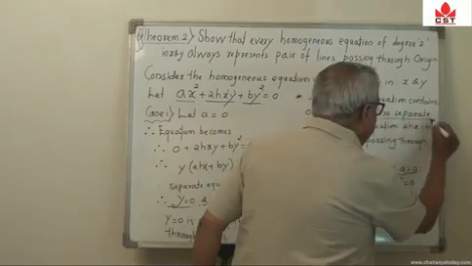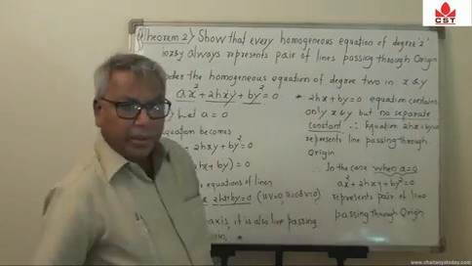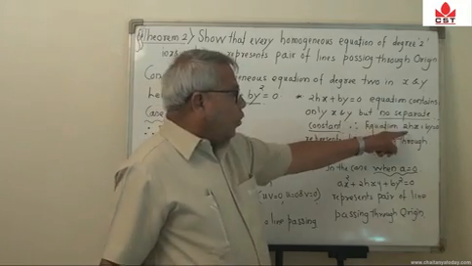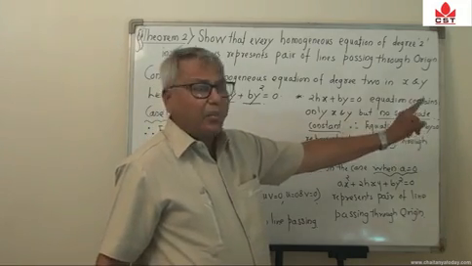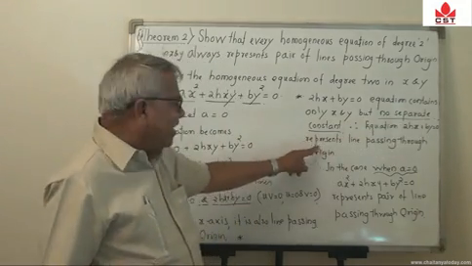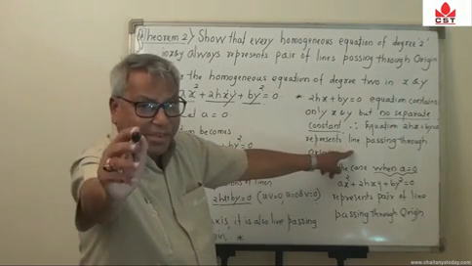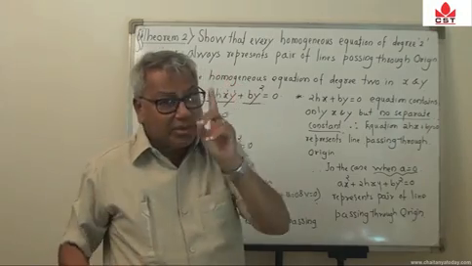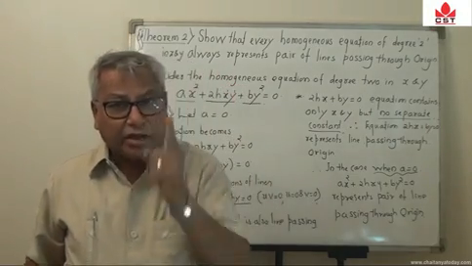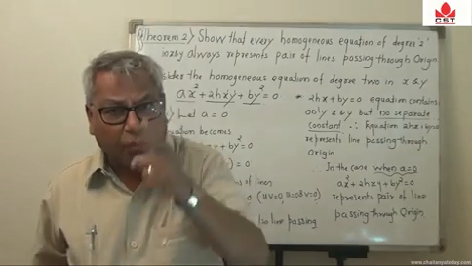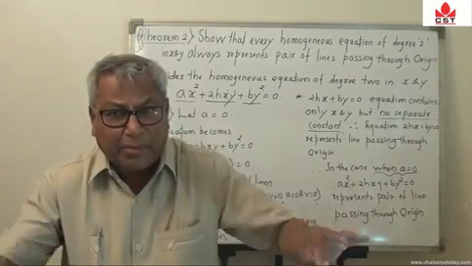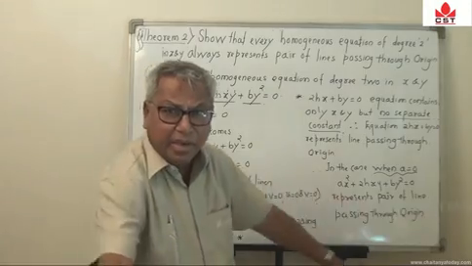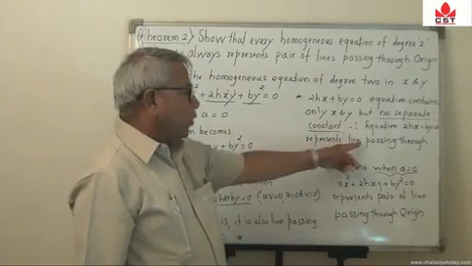Therefore, the equation 2hx plus by equal to 0 represents a line passing through origin. Just before, in the first theorem, I discussed that when the equation contains only x and y without any separate constant, it always represents a line passing through origin.